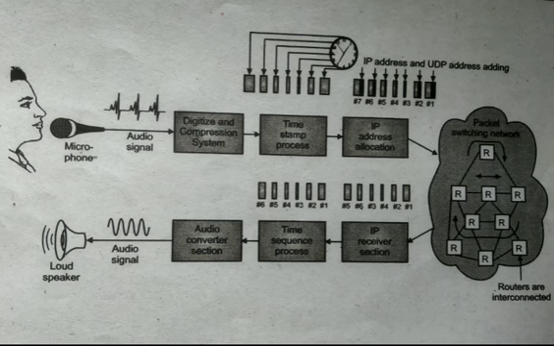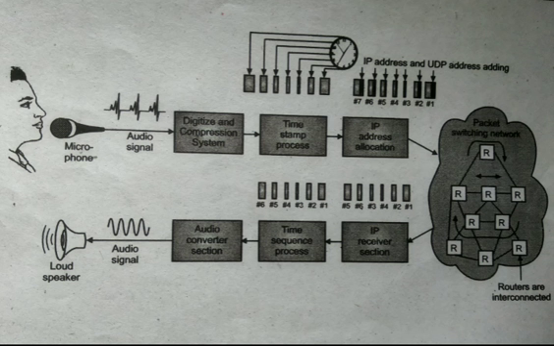After that, audio signal processing in the block diagram includes different things. The audio signal is filtered first. Then pre-emphasis and de-emphasis are done, compounding and expanding of the audio is also done, and the noise reduction process is done here. After that, audio digitization, which is sampling and quantization. In sampling, we convert the audio signal into discrete form, and quantization converts the discrete form into a digital signal.